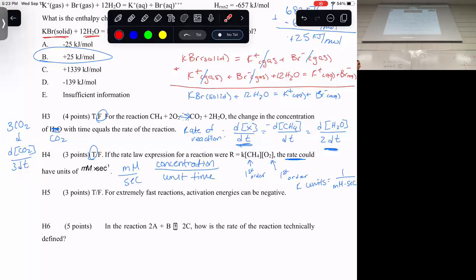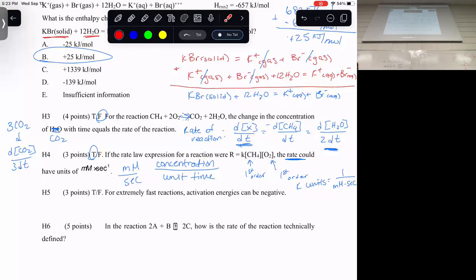If we had R equal to k[CH4][O2]^2, what are our units for R? It's still millimolar over second.